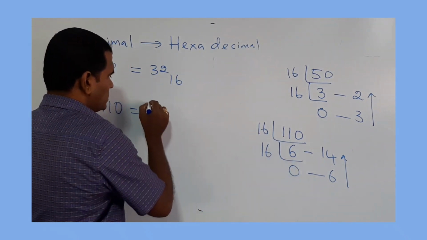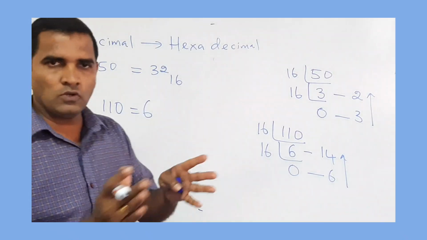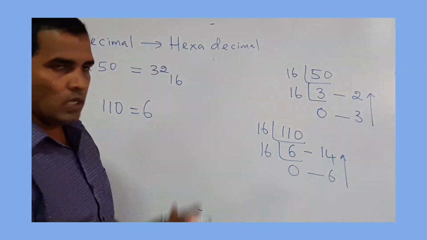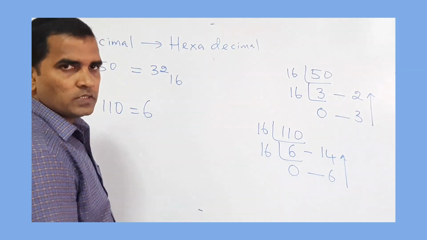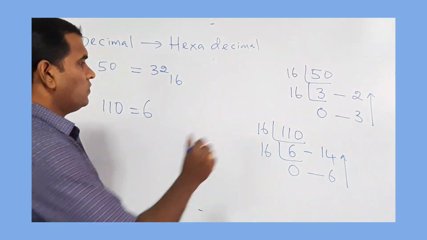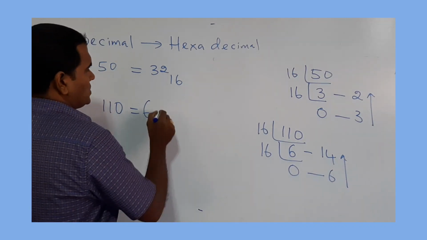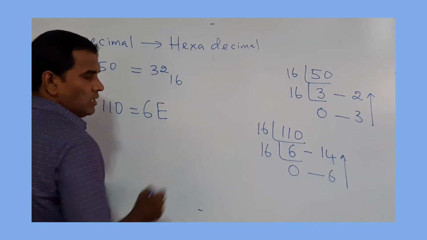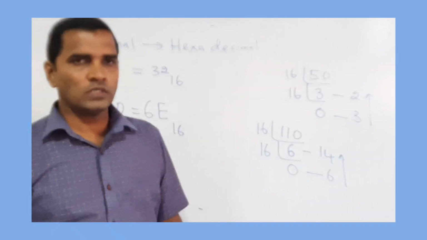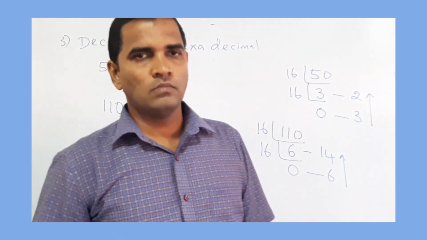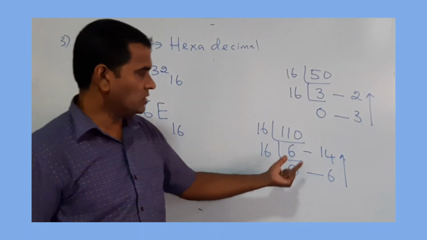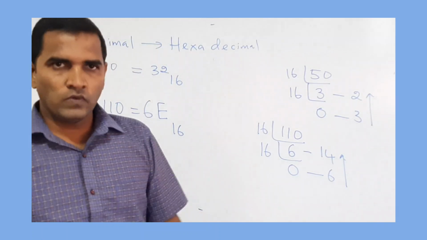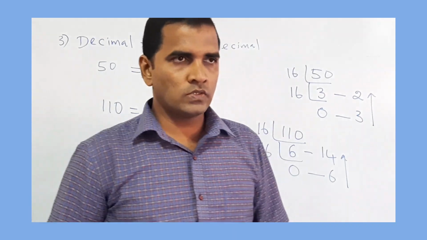So 6, okay, it's in the range 0 to 9. So 14 must be represented. Hope you remember that order. 14 must be represented by E. 6E base 16. So that might be the issue, or that may be the one which students always make mistakes in examinations. So you must be very careful when you are dealing with hexadecimal numbers.